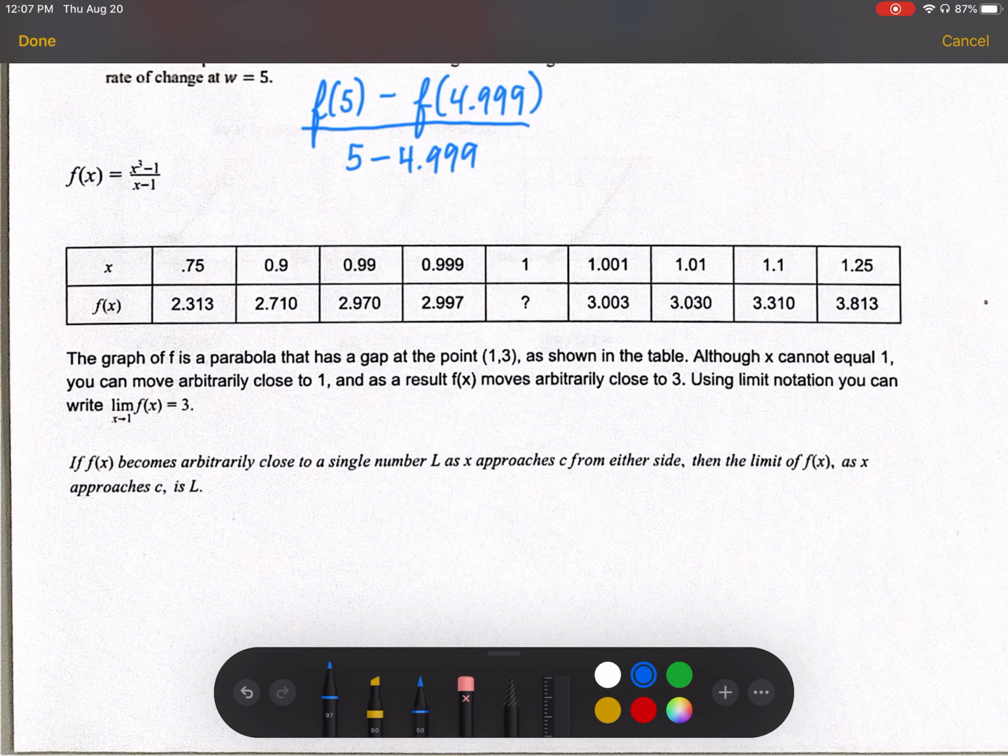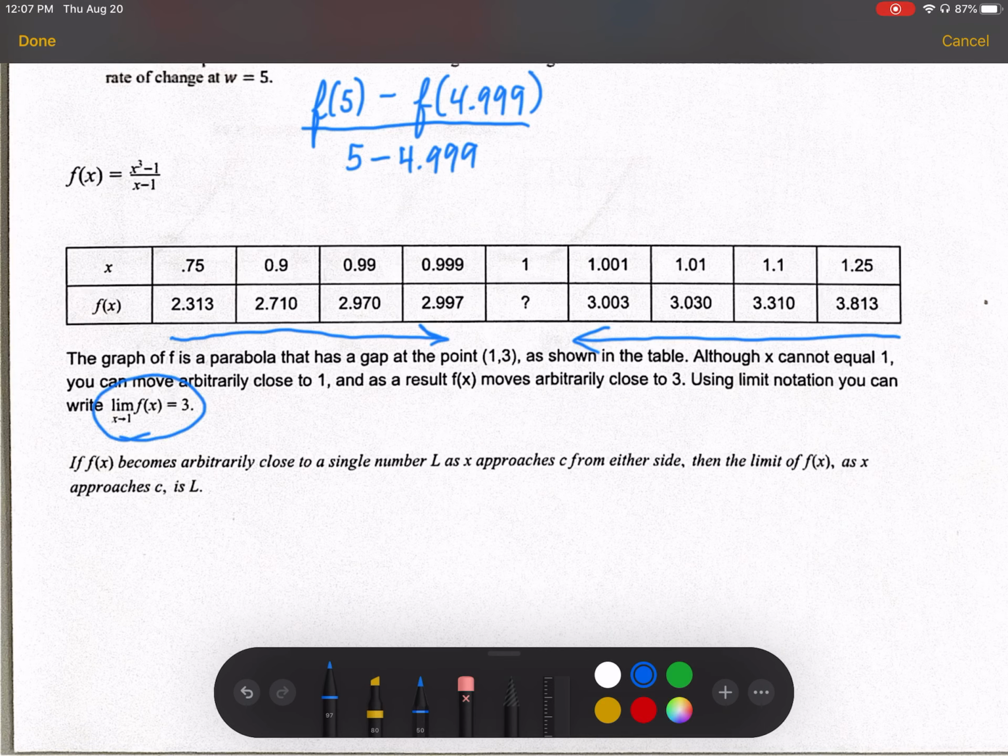So in this particular graph, if we look at this transition from left to right and from right to left, and we look at how these numbers are trending, it looks like they're trending towards 3. Okay, so what we would say is when we write this limit, the limit as x approaches 1 of f of x is going to equal 3.